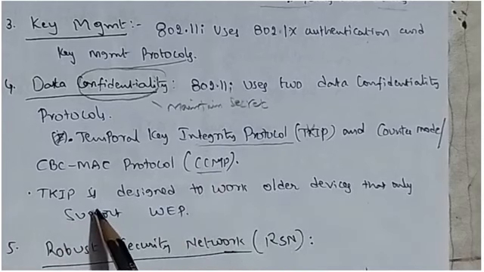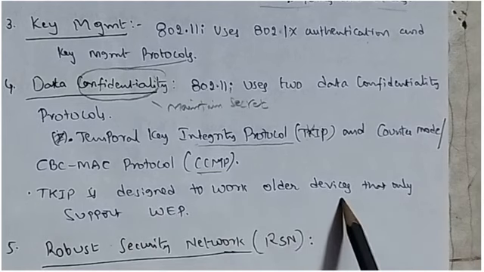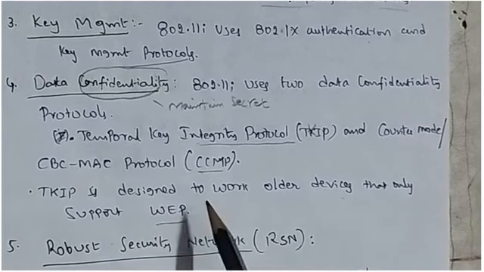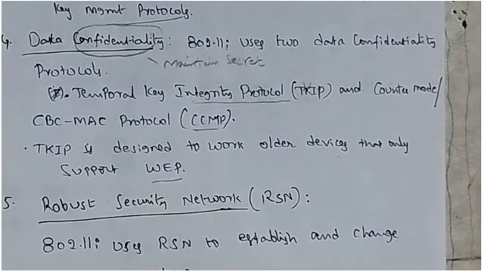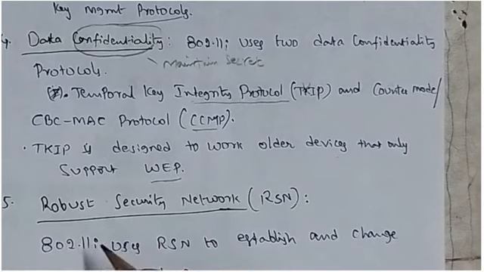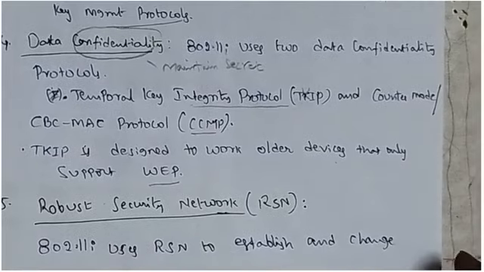TKIP is designed to work with older devices that only support WEP applications. The next one is the robust security network. What is the meaning of robust security network? 802.11i uses RSN to establish and change the cryptography keys.